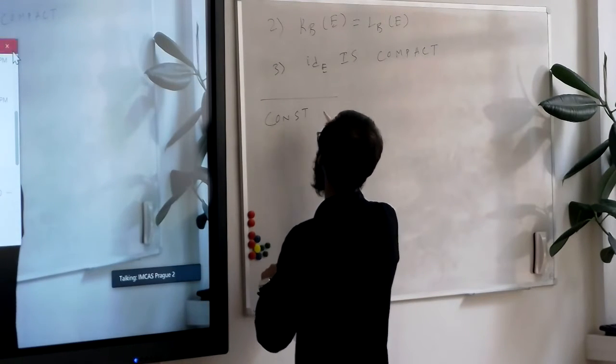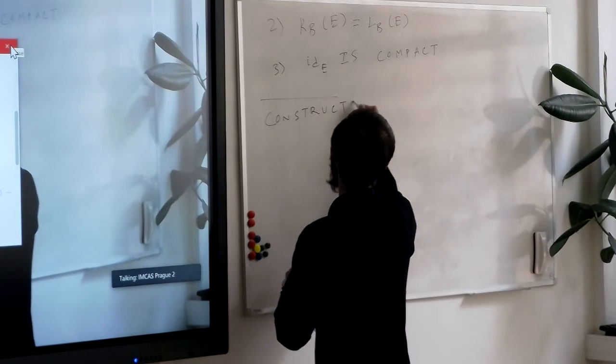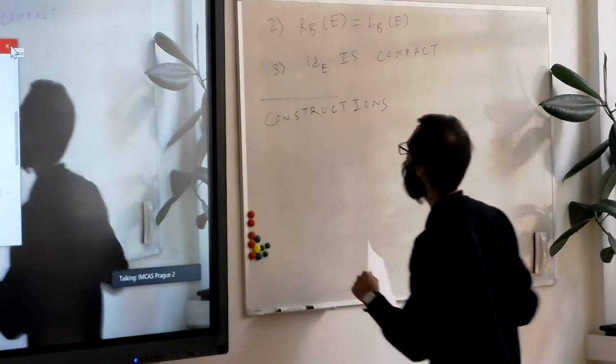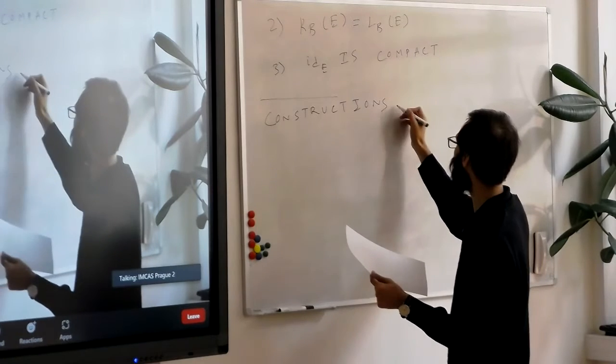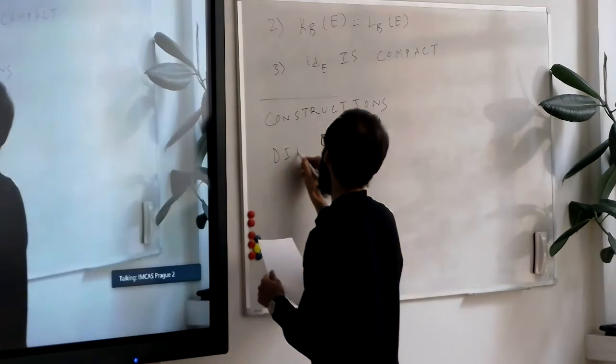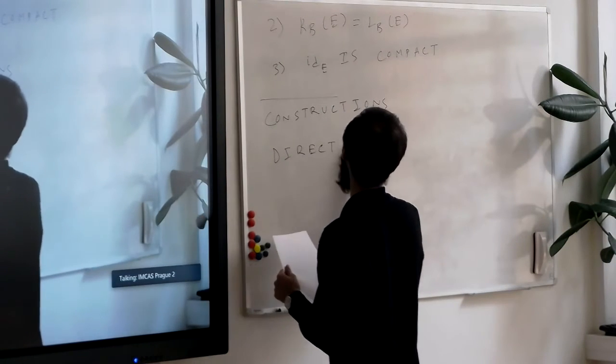So that was the first part, regarding the definition of Hilbert modules and so on. Now some constructions. The first one is the direct sum.